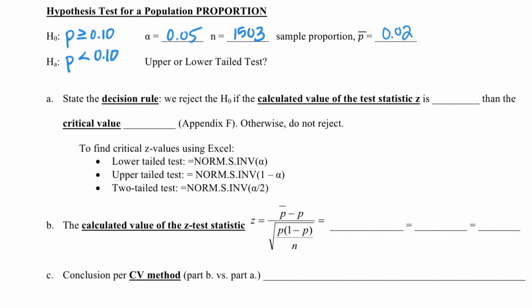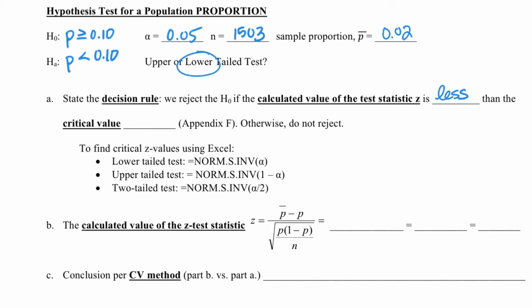So for our decision rule, it's helpful to note, is this an upper or lower tail test? So because our alternative hypothesis says less than, we know this is a lower tail test. So for my decision rule, we will reject the null if the calculated value of our test statistic is less than the critical value.